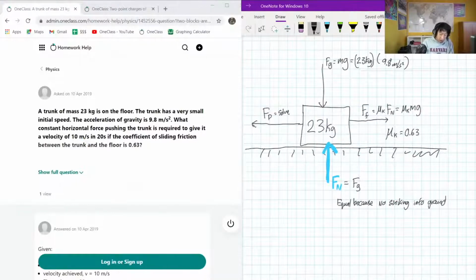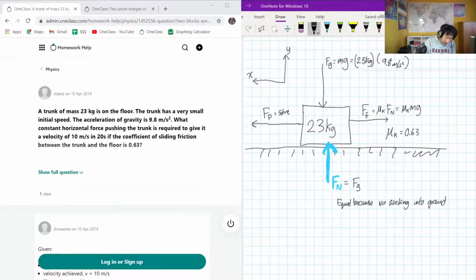Okay, so we need to know what the net force is, and we can have the net force on this. And if we define our axes like this, x, y. I know you may not be used to seeing the x going towards the left, but you know, you can set the coordinates however you please.